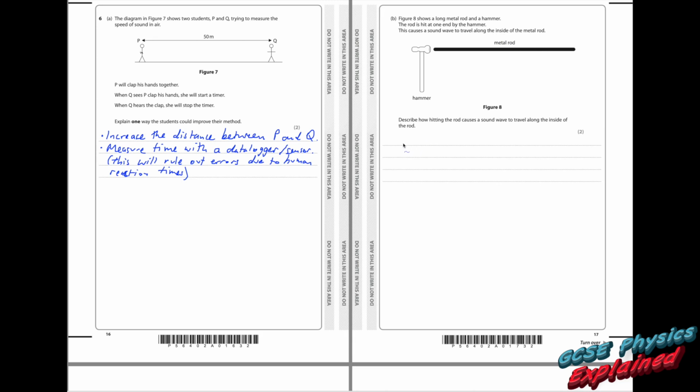So, sound waves are longitudinal, and the particles vibrate in the same direction that the wave travels. So I guess when the hammer hits the metal rod, it makes the particles vibrate more, and then they collide into the particle that's next to them, and the vibrations are passed on.